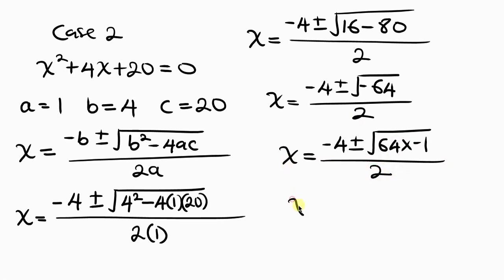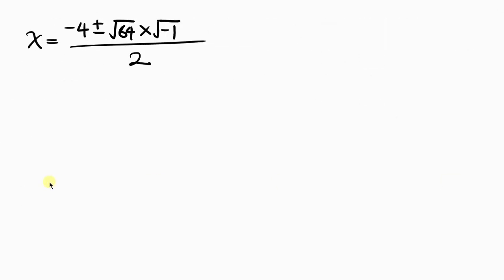Now we're going to be separating this. We have the square root of 64 times the square root of negative 1, all over 2. And then we have x to be negative 4 plus or minus, the square root of 64 is 8, and the square root of negative 1 is iota, so that's i, all over 2.